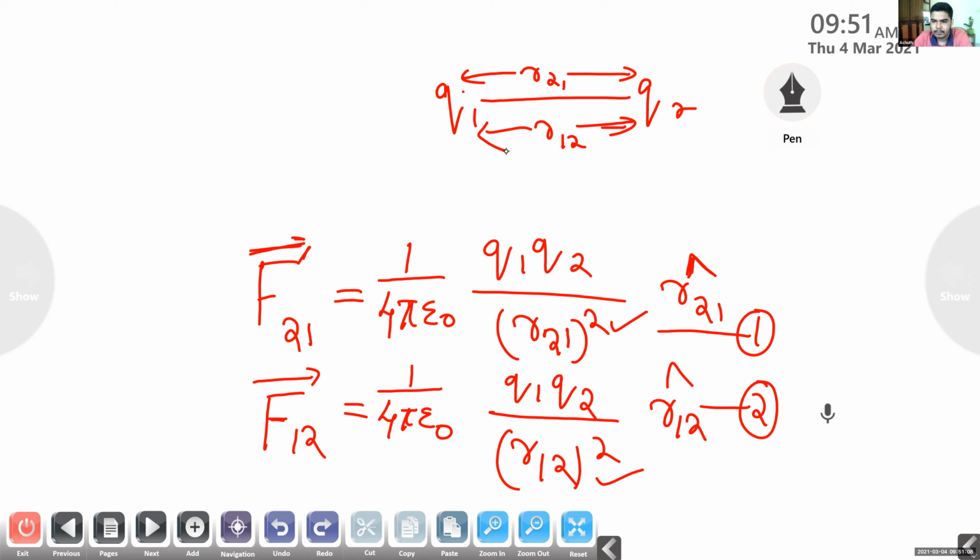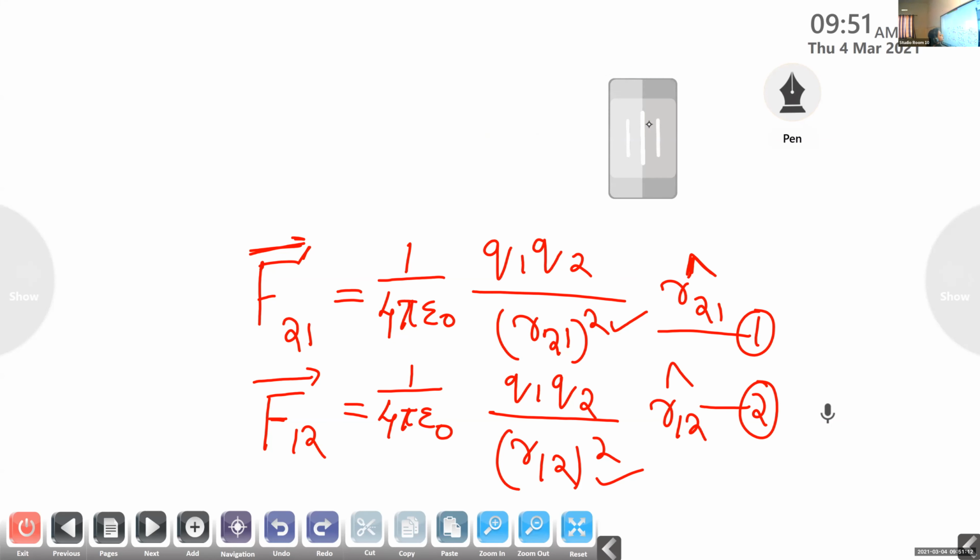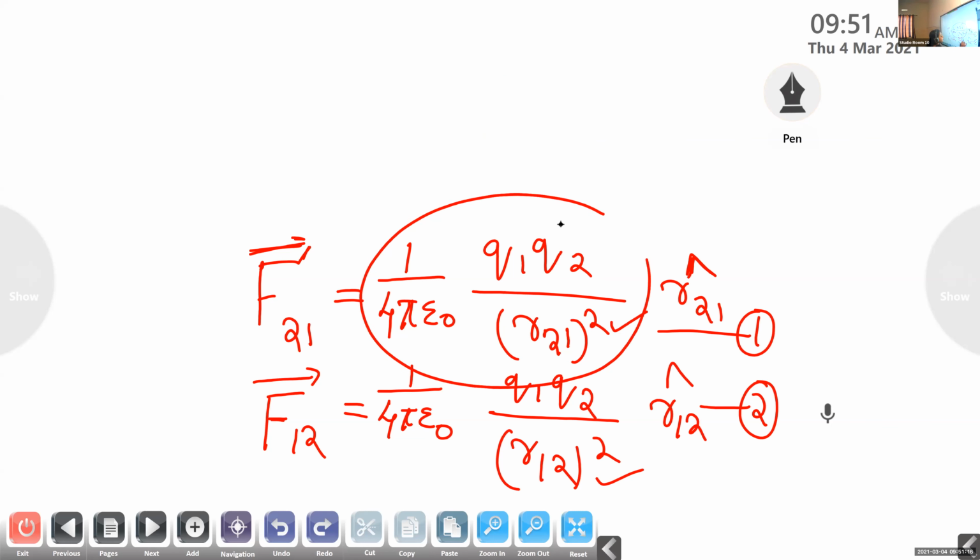So from this we can say equation 1 is equal to equation 2, because all the terms in equation 1 are equal to those of equation 2. So we can write the force F21 vector is equal to the vector F12, right?